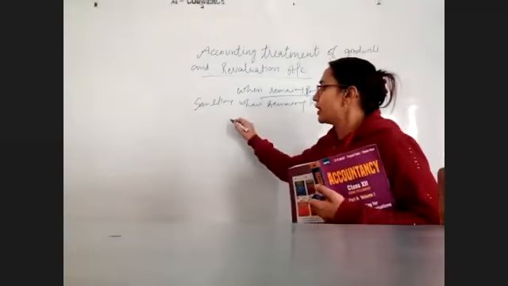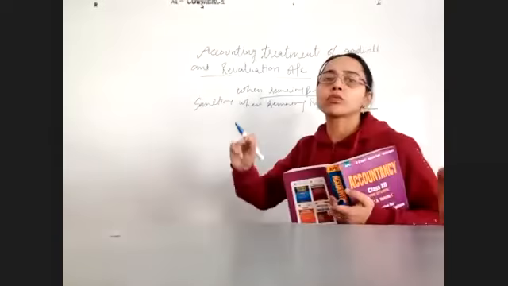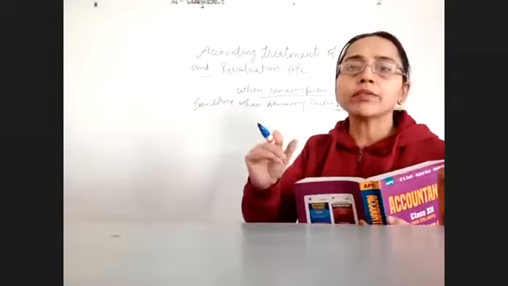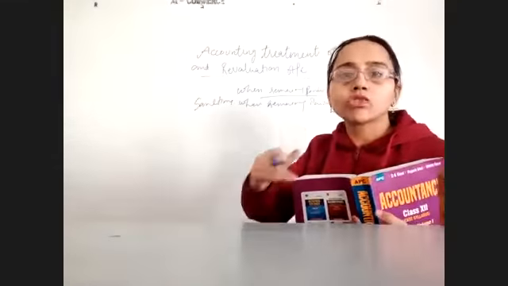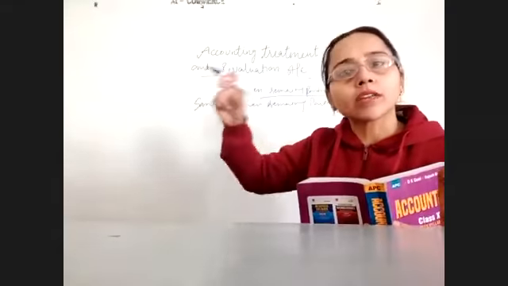So in that case the sacrificing partner will get the share of goodwill. जितना शेयर भी वो sacrifice कर रहा है और जो भी person उसको gain कर रहा है, that person will give the share of goodwill to the sacrificing partner.